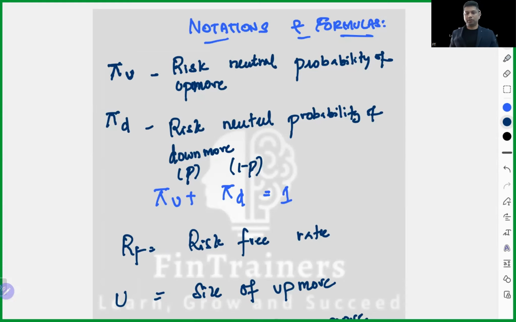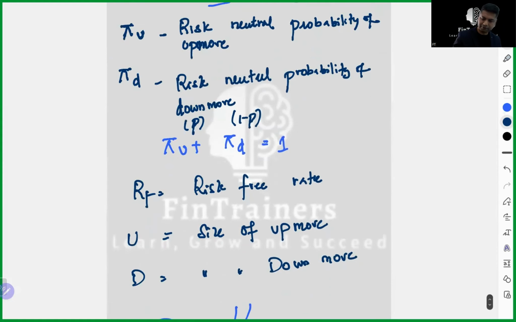For our examination, it is all going to be discrete only. We are not going to do a continuous distribution function. So we are going to use the risk neutral probability of up move, risk neutral probability of down move. So it's pi u plus pi d is equal to 1. Then RF is going to be your risk-free rate, the notation.